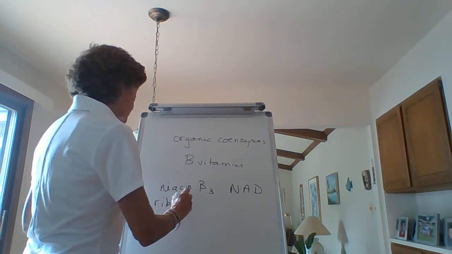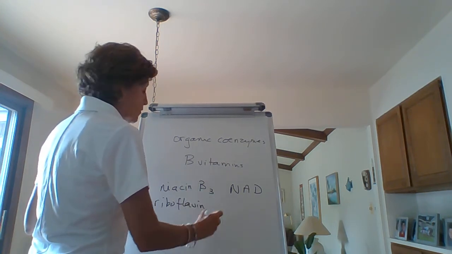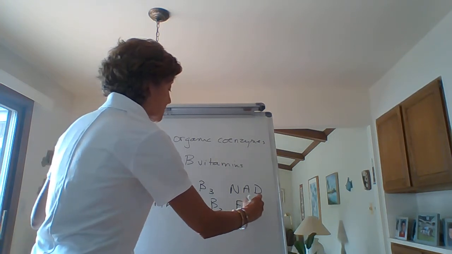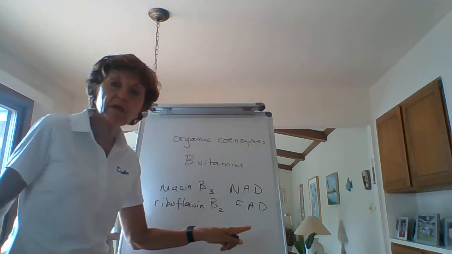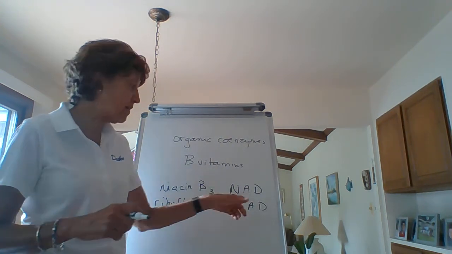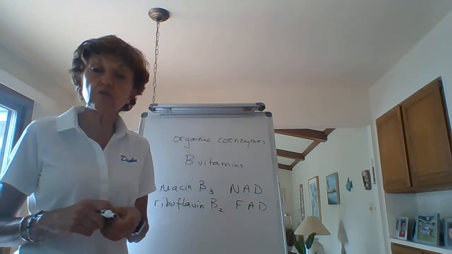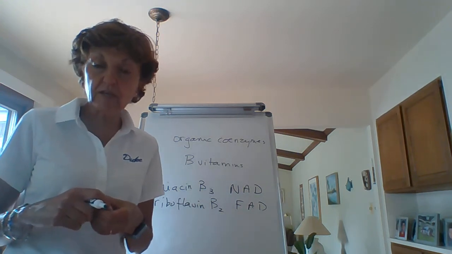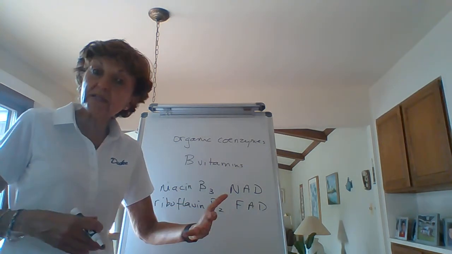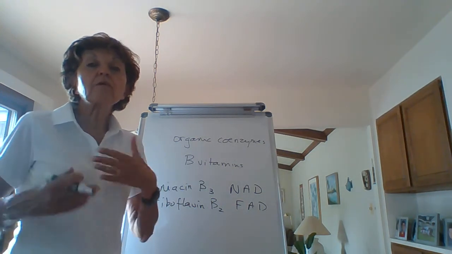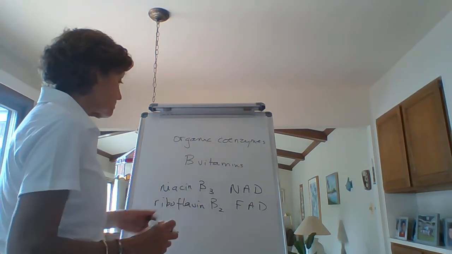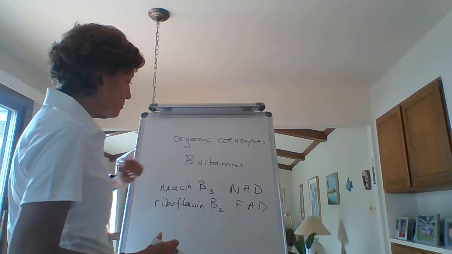Riboflavin is vitamin B2, and that makes the coenzyme FAD. FAD is flavin adenine dinucleotide, and that also is used in a few of the dehydrogenase enzymes. So basically, if you don't have that coenzyme there, the enzyme doesn't function, okay? And these are derived from these B vitamins.